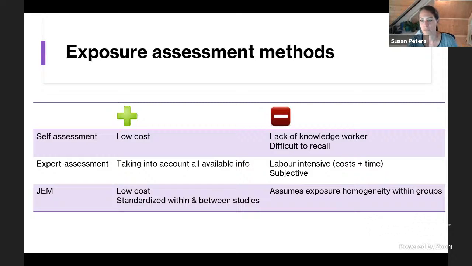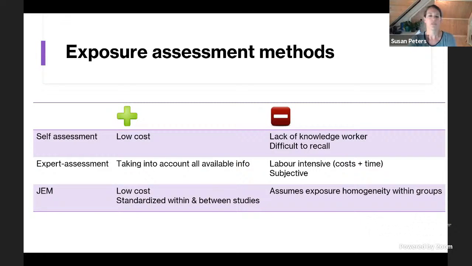Expert assessment, of course, is often used as a gold standard because you can take into account all different types of information, but it's very labor intensive. It costs a lot of money, a lot of time, and it's still subjective. Experts might act differently in the morning than in the afternoon, or over time they might get more experience and assess exposures differently.